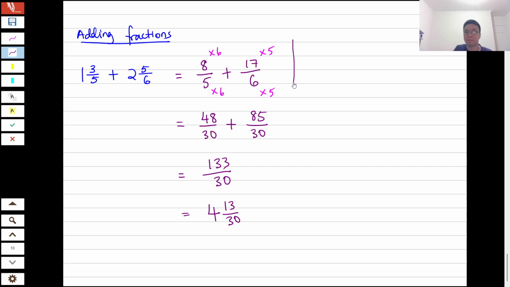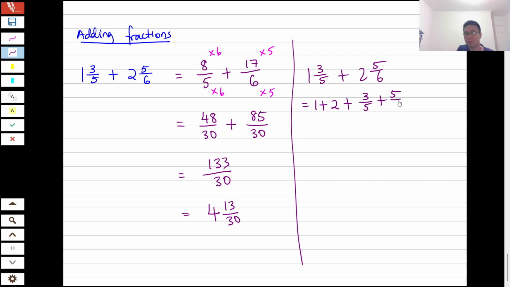Now, I want to show you another way to do this question. And this approach is going to make the numbers smaller. So here's the idea. What I'm going to do is keep the whole numbers separate, like so. So 1 plus 2 gives me 3, and now I will do the conversions.